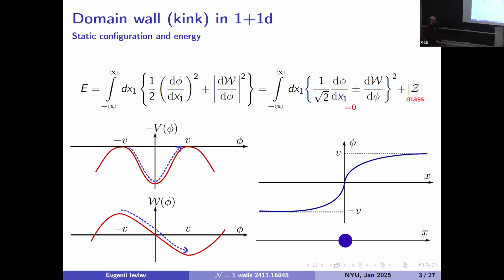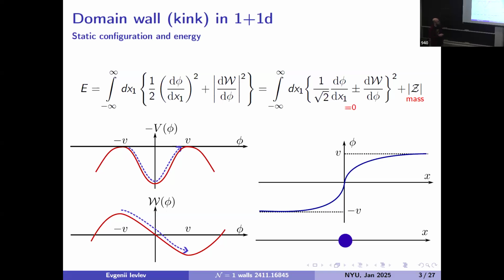Okay, things become more interesting when you write down the energy of your static configuration. You can consider static configurations with finite energy, which is precisely the kink interpolating between these two vacua. The energy functional is a certain functional, but you can rewrite it as a square plus a piece which can actually be integrated out.